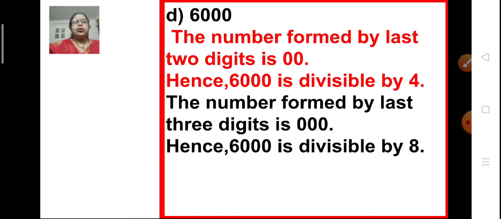That means 3 zeros in the end. There is a reason for this, because 1000 is divisible by 8. So, any number which has 3 zeros in the end is also divisible by 8. So, 6,000 is divisible by 4 as well as by 8.